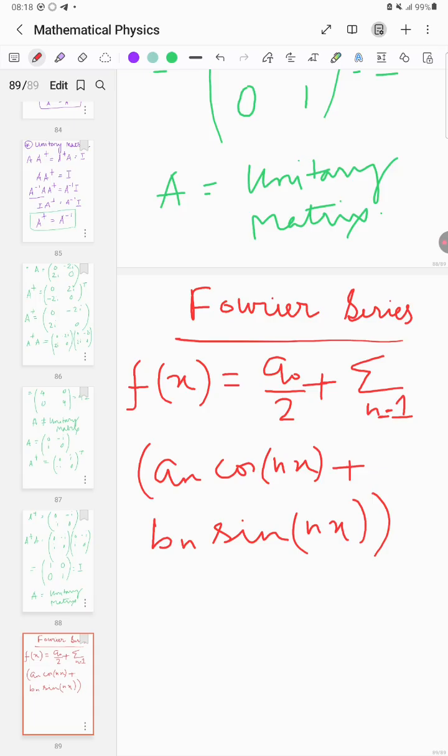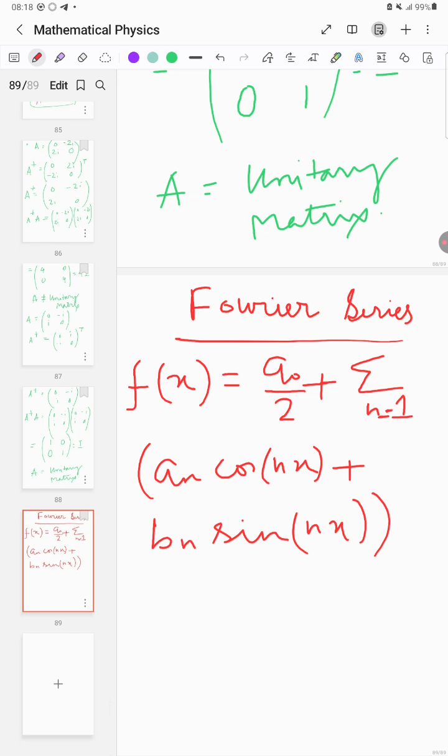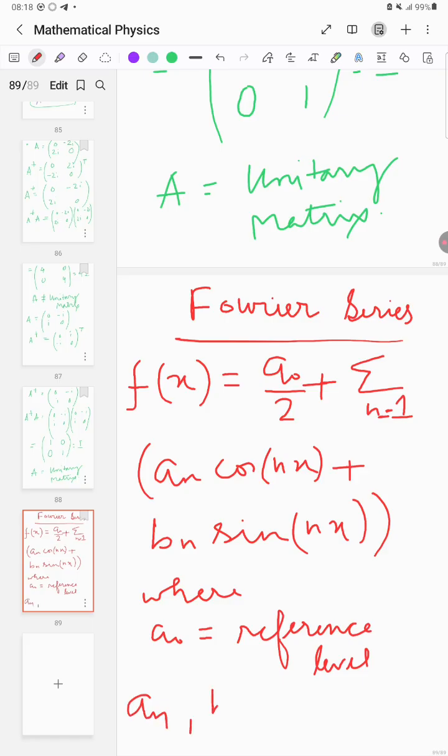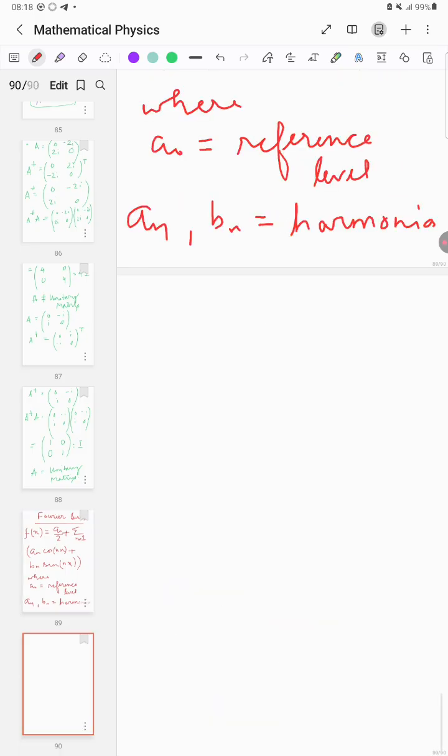Now, what is a naught? a naught is the reference level. And what are an and bn? They are the harmonics, and we will look more into it on the next slide.